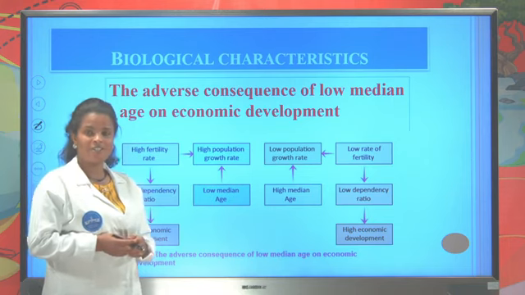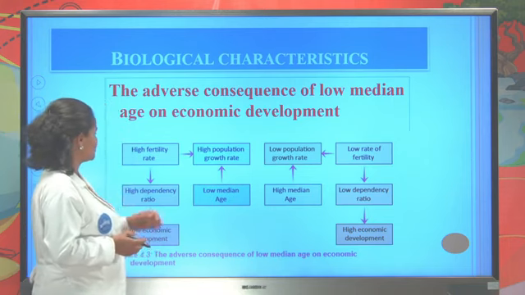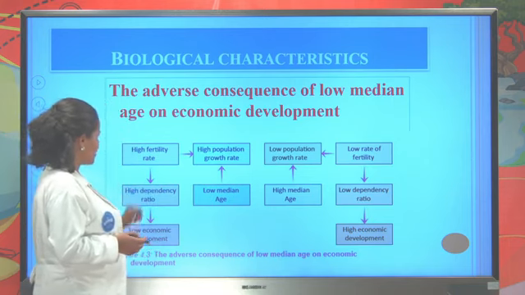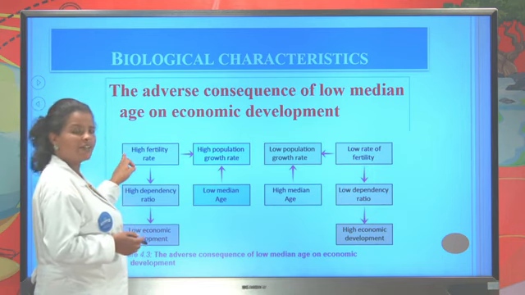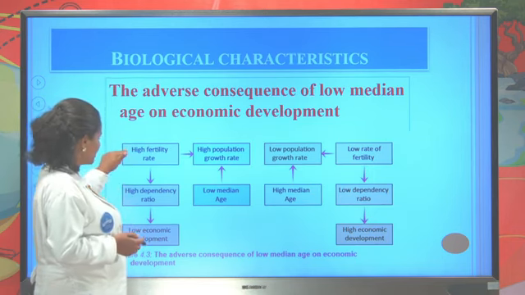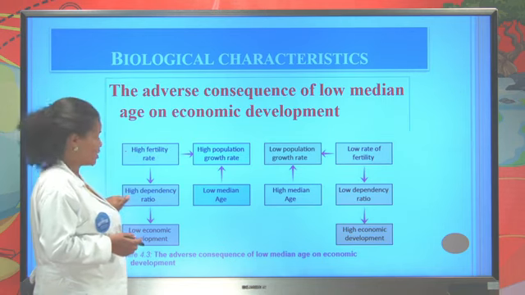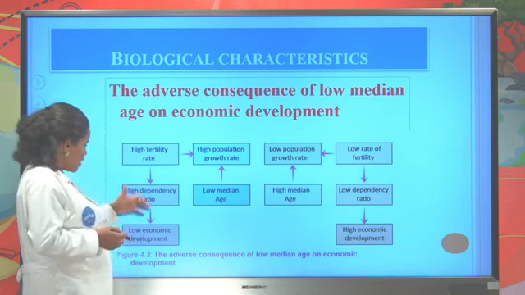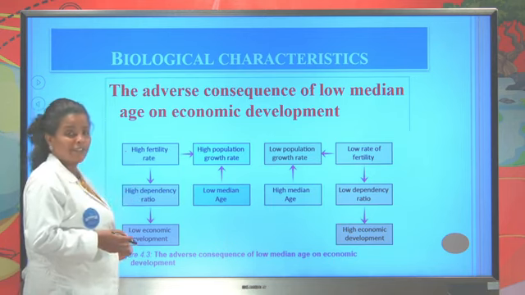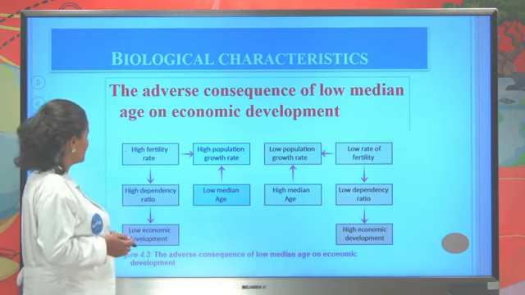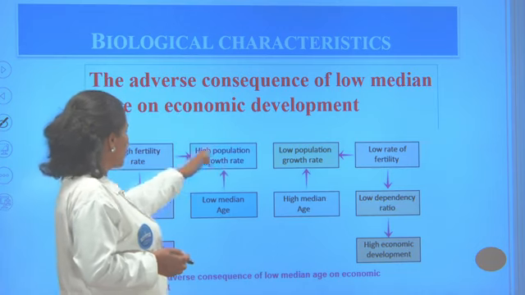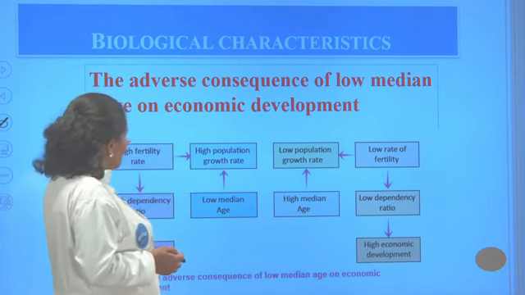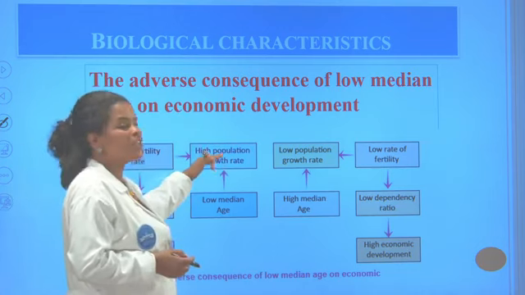Students, let us see this chart. When you see this chart, if an area has a high fertility rate, it also has a high dependency ratio and low economic development. And also, if an area has a high fertility rate, the population growth rate is also very high.